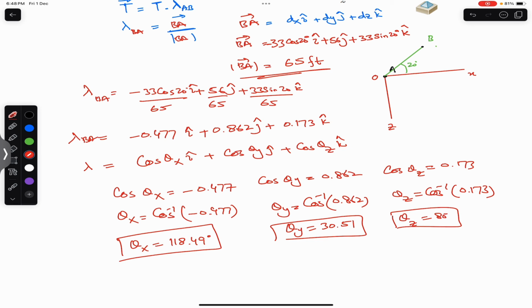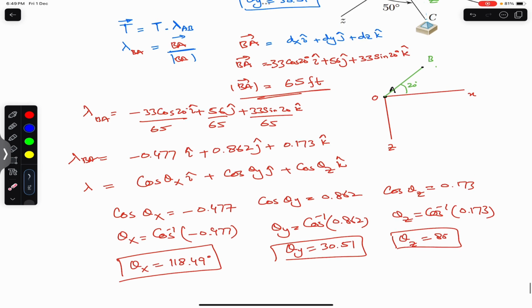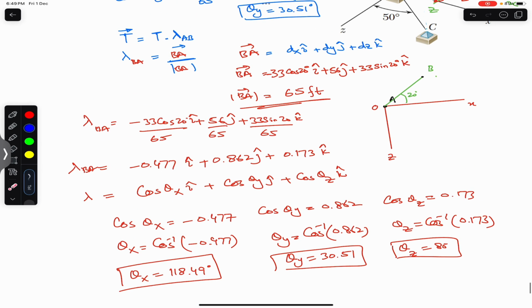Now once we know the unit vector from B to A, we can find the components, and we know that the T vector will be equal to T magnitude times the unit vector.